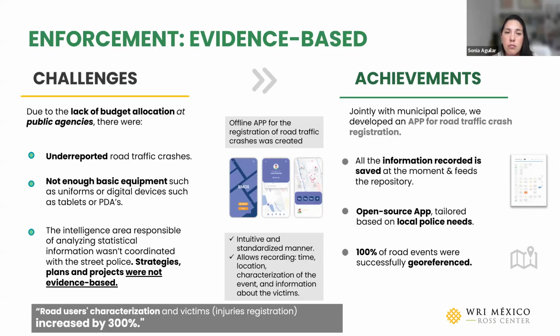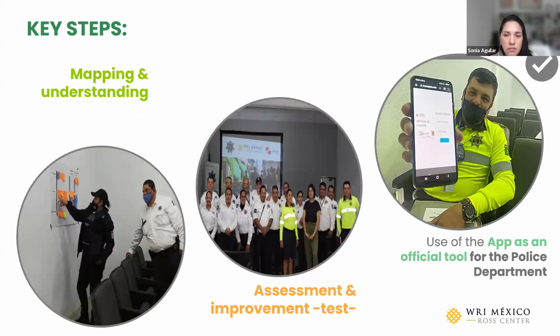After some period of time, we identified that with good quality data registration, we increased injury registration by 300%. So the problem was, as you can see, that underreporting makes a lot of injuries in the city invisible. Next, please.